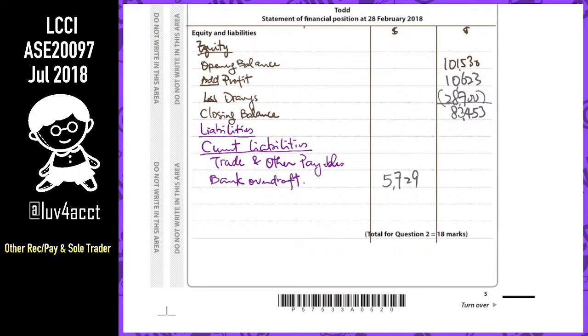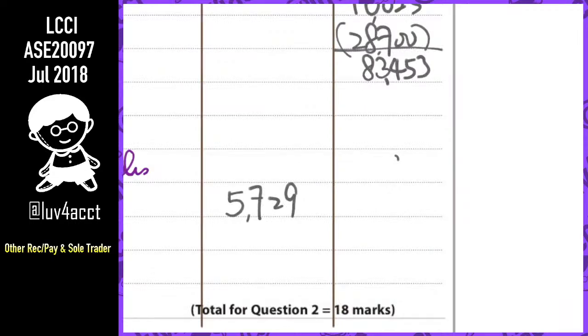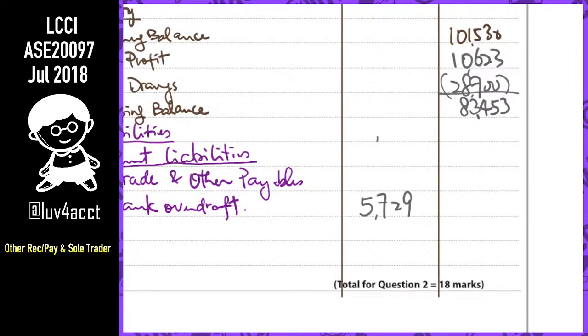Oops, sorry, 940, 5729, 6669. Okay, and then 83453.